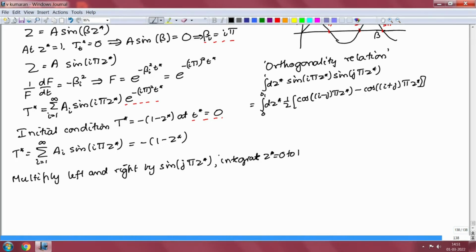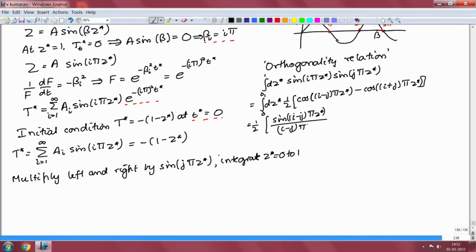And now I can integrate this. It is equal to half the integral from 0 to 1 dz. So, I can integrate out these functions. The integral of the cos function is going to be equal to sine of i minus j pi z star divided by i minus j pi.